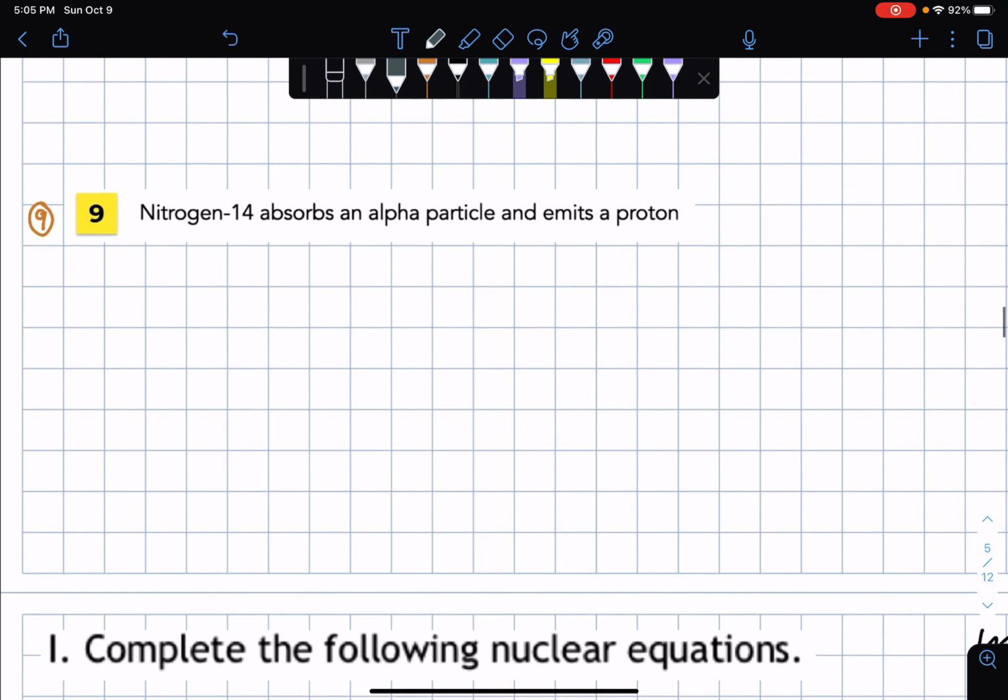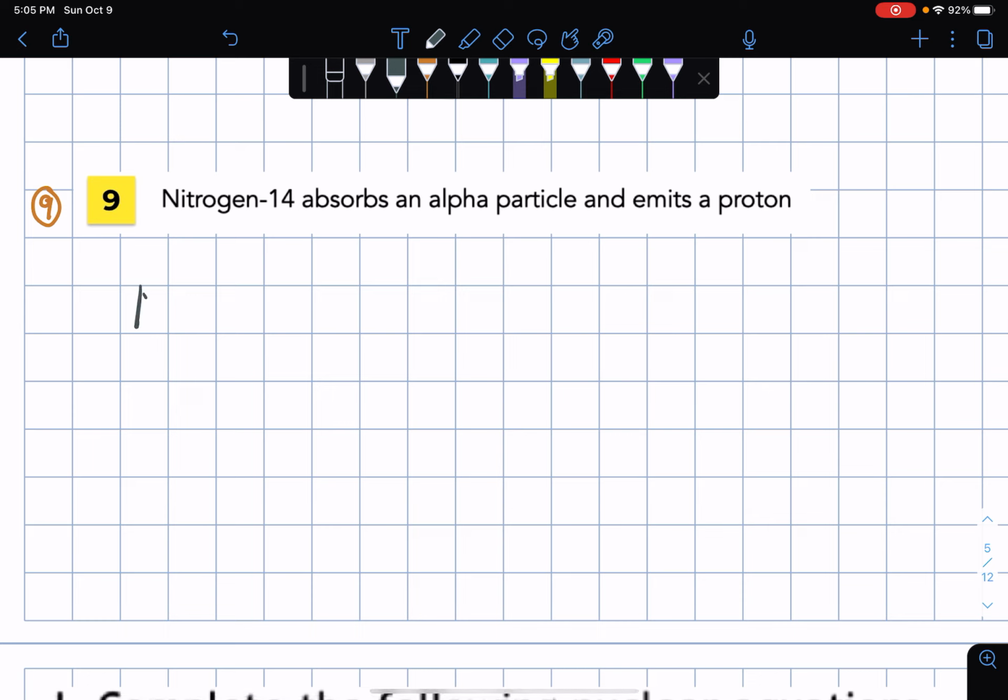Right, let's proceed to number 9. Nitrogen-14. The atomic mass is 14. Atomic number would be 7. Absorbs an alpha particle and emits a proton. So we actually have two particles going on in this scenario.